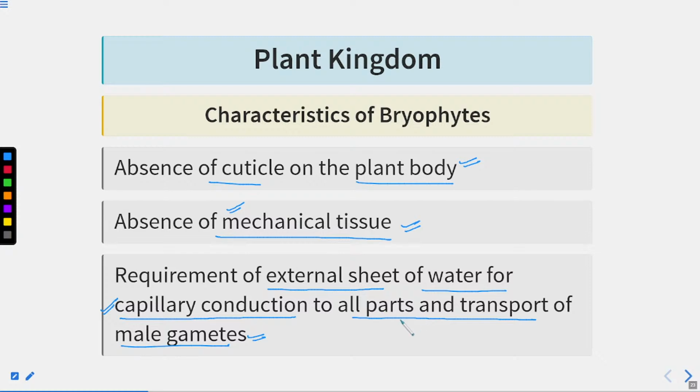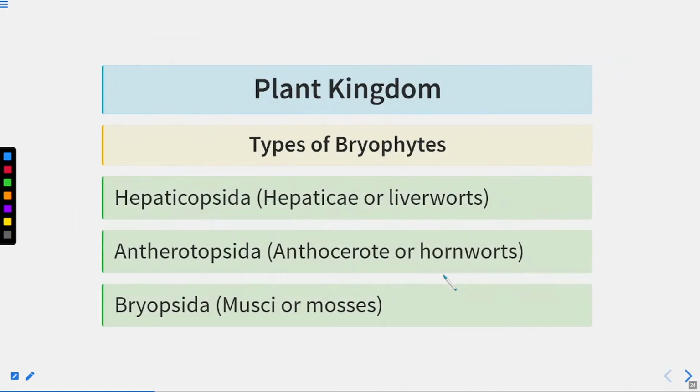It also helps the transportation of male gametes to the female gamete, the antherozoids to the archegonia, and the reproduction process takes place. If this water is not present, the plant can desiccate, decay, or die off, and of course no reproduction will take place. So this external water is very, very important.